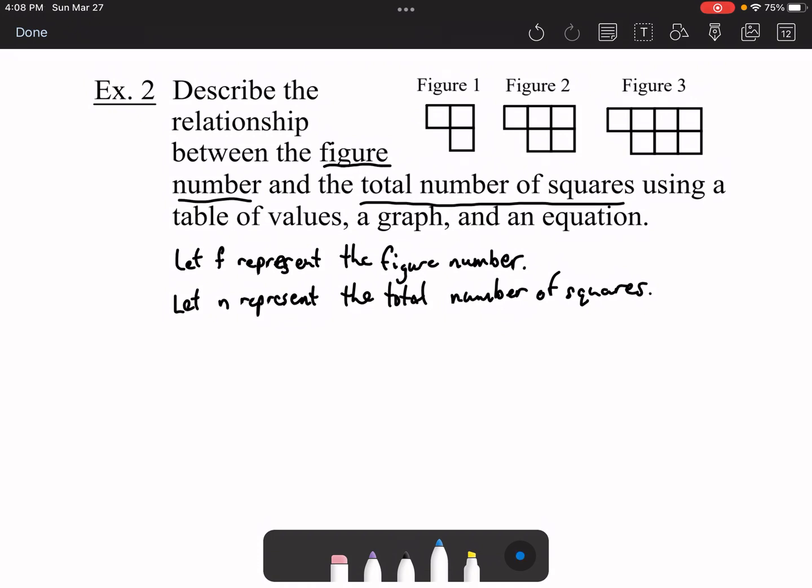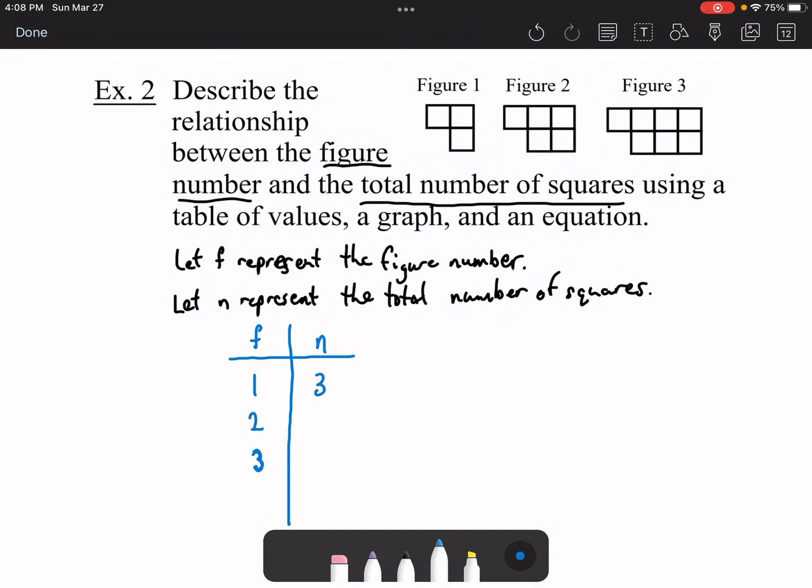Well, you might notice that the number of squares actually depends on which figure you have. So the number of squares has to go on the right, and the figure number has to go on the left. So we'll start out with the first three that we have here: 1, 2, and 3. Well, the first one has 3 squares.